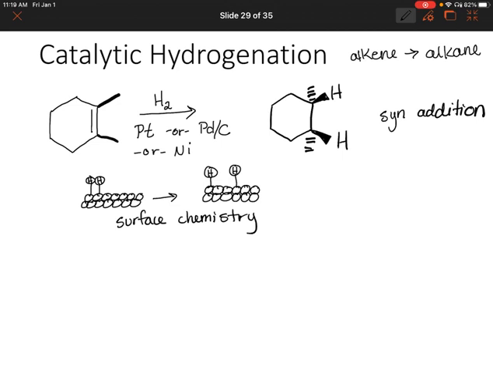They can't add to opposite sides because they're stuck in place on that surface. And your textbook actually has a much better picture of what's going on here. So I encourage you to look that up. It's a little bit easier to visualize.